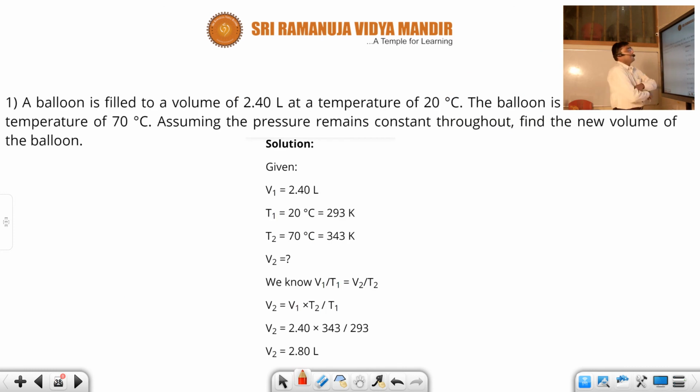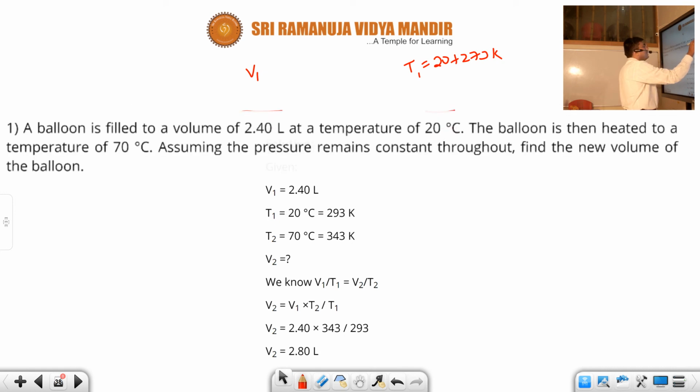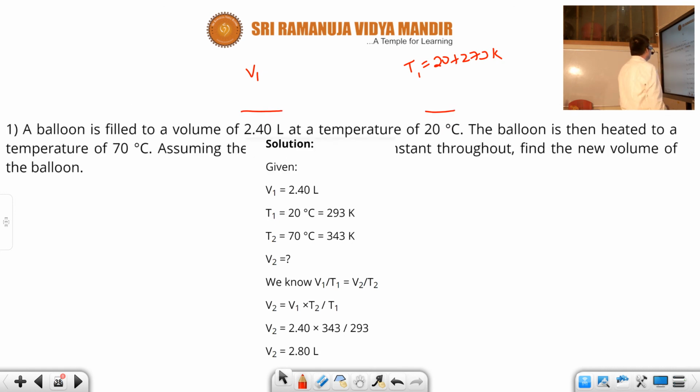So let us have a look at another question. A balloon is filled with a volume of 2.4 liters. That is volume V1 at temperature T1, which is equal to 20 plus 273 Kelvin. The balloon is heated to a temperature of 70 degrees. So 70 degrees is nothing but T2.